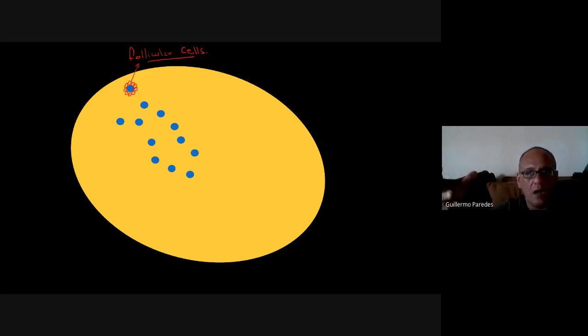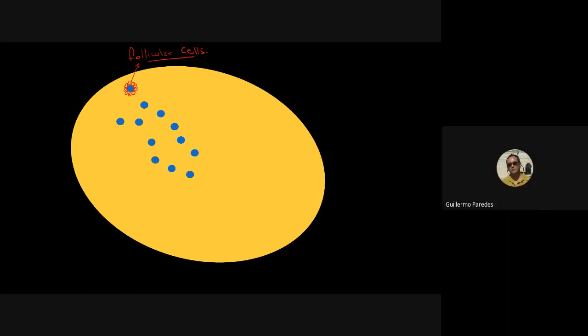Your car is not the balloons. The follicular cells are associated with the ovum, but they are not the ovum. They are going to be surrounding the ovum. So here we have the ovum, here we put an O, and the follicular cells around it. The ovum plus the follicular cells is equal to the follicle.